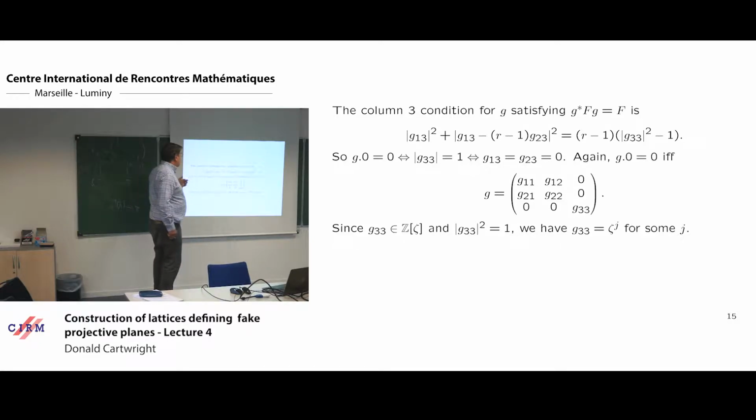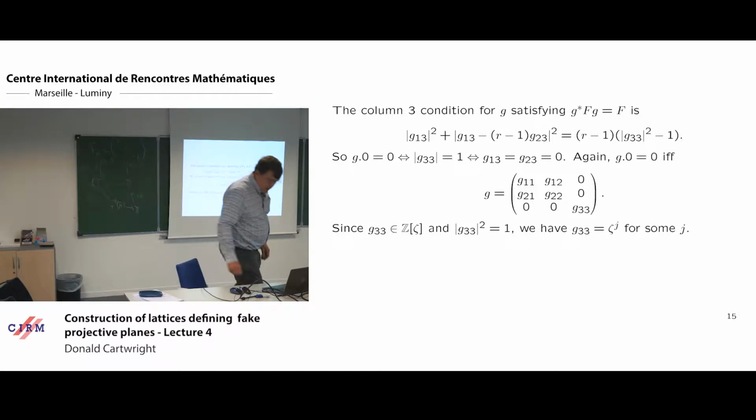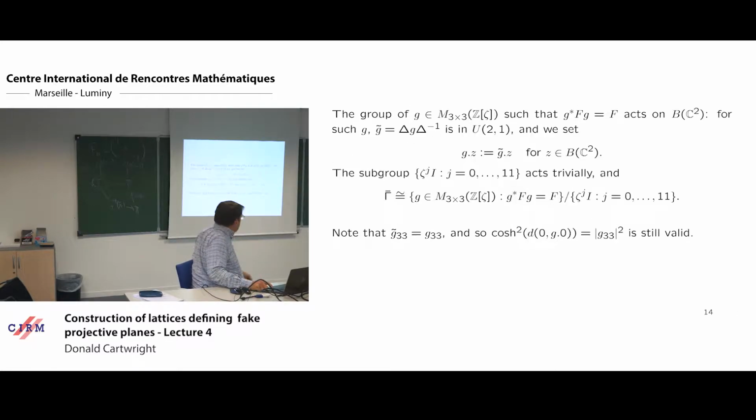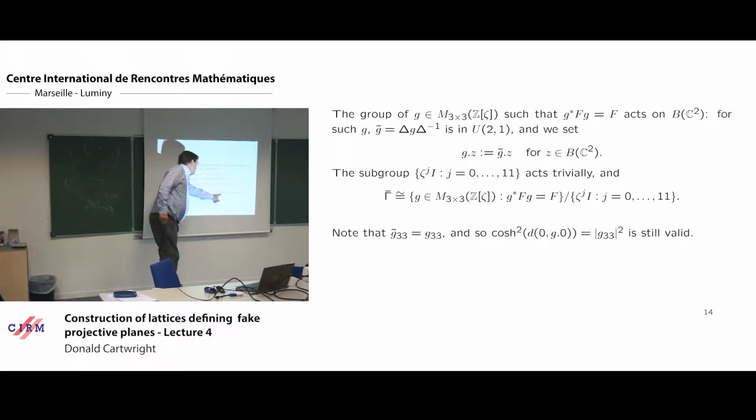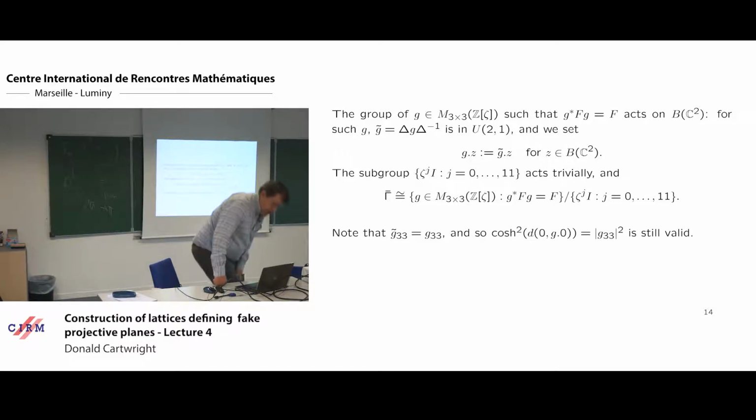So in order that G fixes the origin, well, from the previous slide, this. Okay, so if G fixes the origin, then this is cos squared of 0, so that's 1. So that means the absolute value of G33 has to be 1.